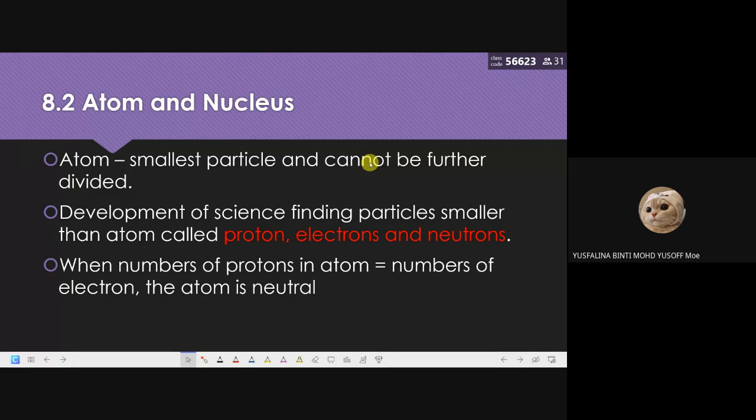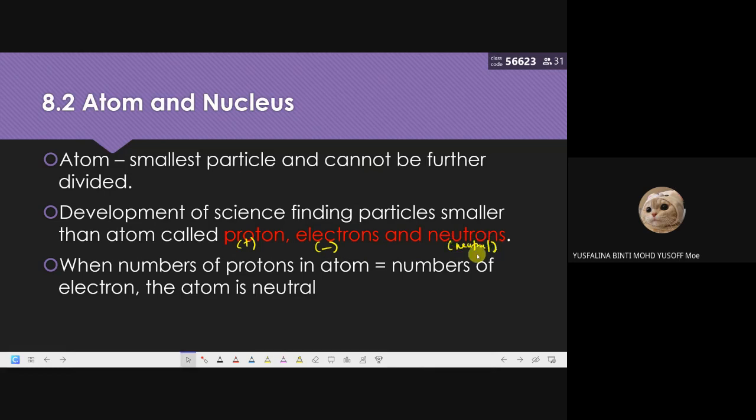Proton is a positive charge, electron is a negative charge, while neutron is neutral.